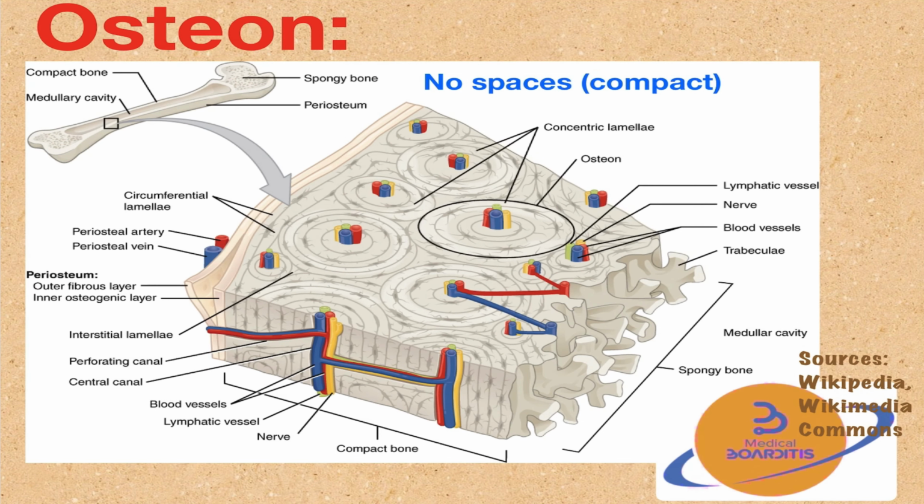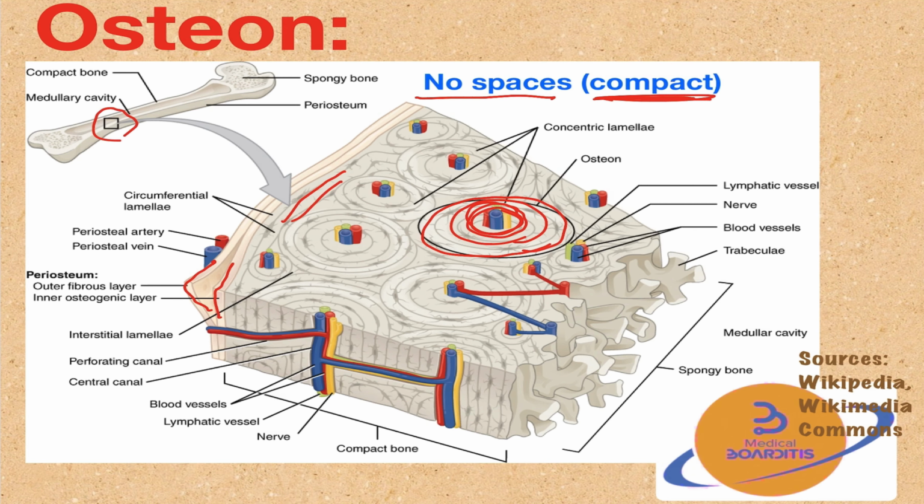Now you can contrast trabecular bone with compact bone. Here in compact bone, there are no spaces, so everything is compact, everything is dense. As we can see, if we take a small piece from this compact bone, you will see from the outside the two layers of the periosteum, and then after that, there are the circumferential lamellae, and then when the lamellae are arranged in a concentric manner, they make up the osteons, and in the middle of the osteon you have the central canal with the blood vessels and the lymphatics.